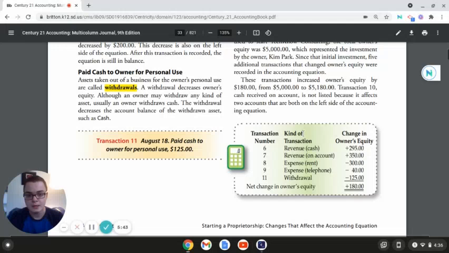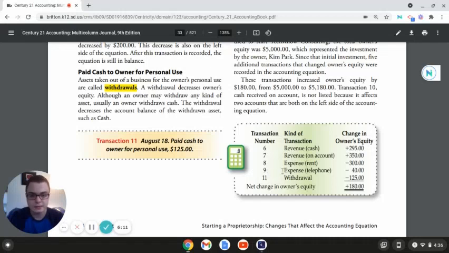Okay. And this chart here shows us the transaction number, the kind of transaction, and the change in owner's equity. So transaction number 6, it says the revenue for cash. We added $295. Transaction number 7 was a revenue on account. We added $350. Transaction number 8 was an expense for rent, so we deducted $300.